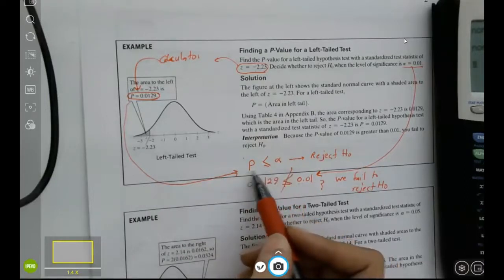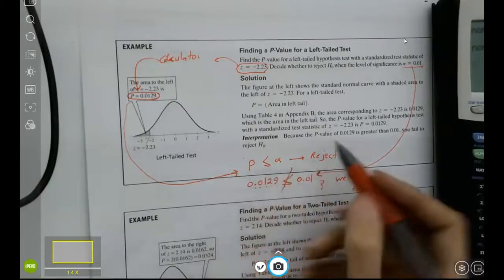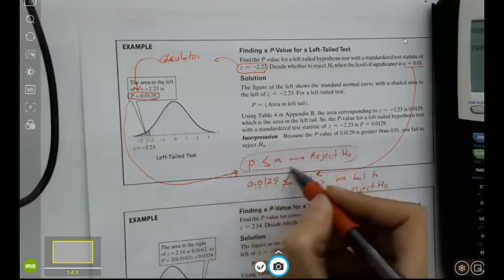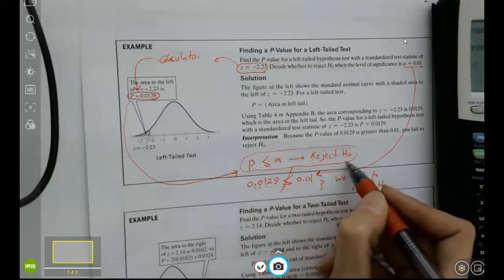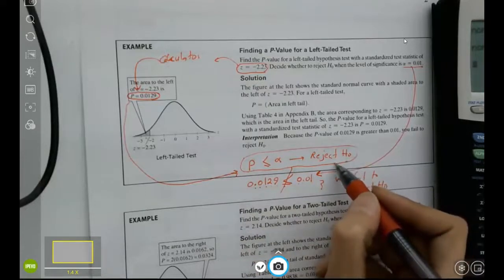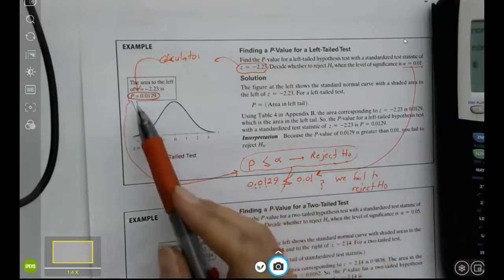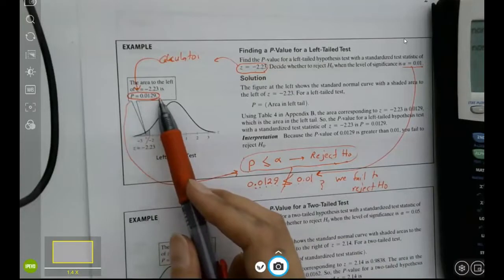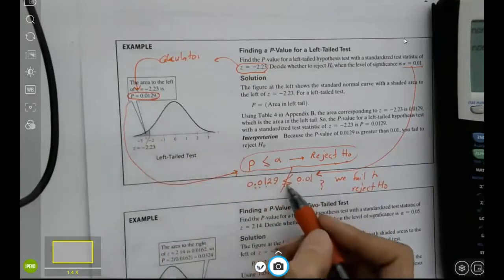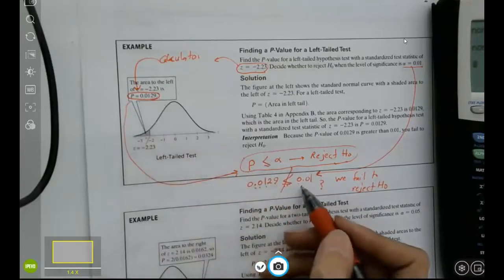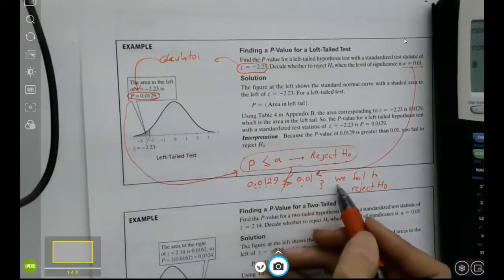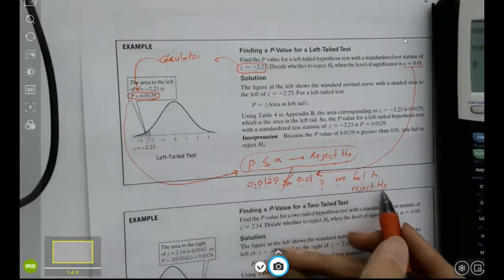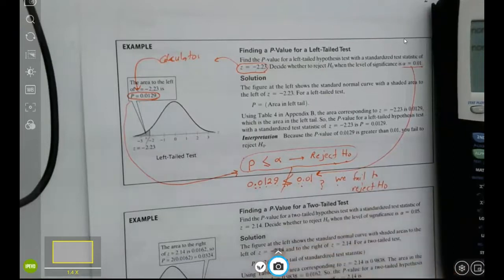If p is less than or equal to alpha, we reject the null hypothesis. If not, we fail to reject the null hypothesis. In this example, we found p to be 0.0129, which is not less than 1%. So we fail to reject the null hypothesis.